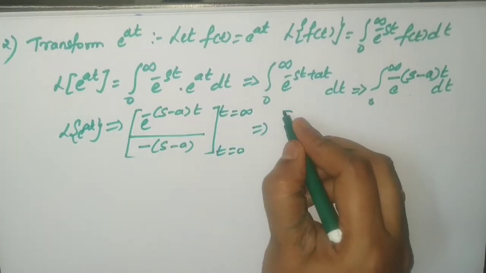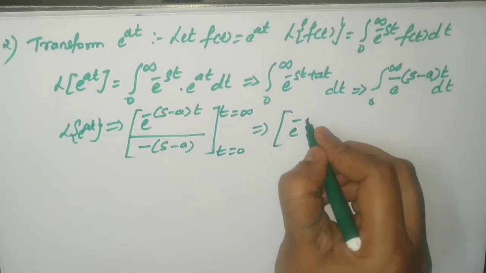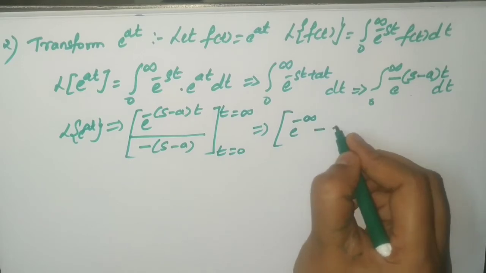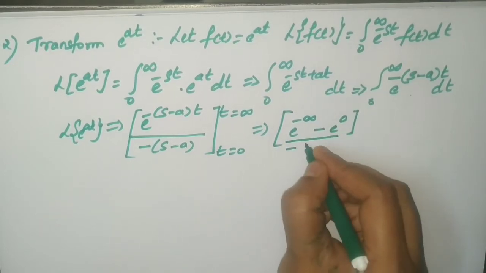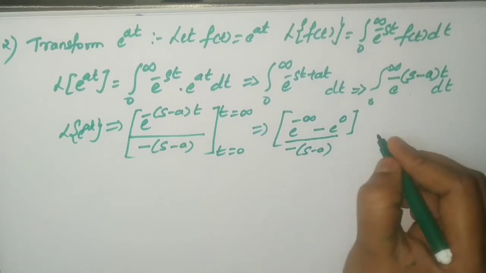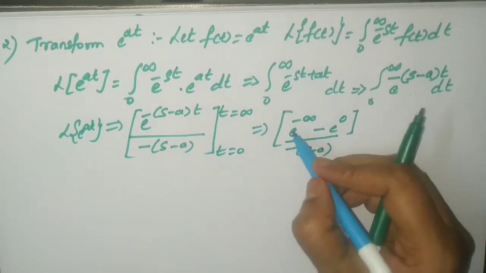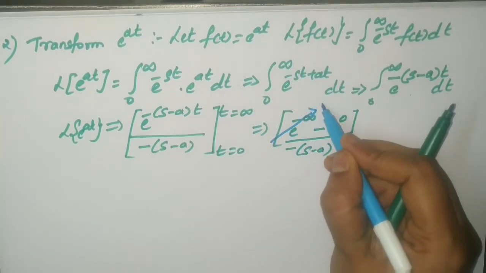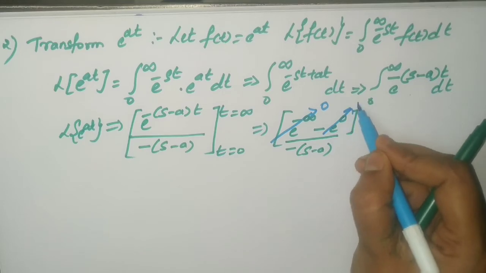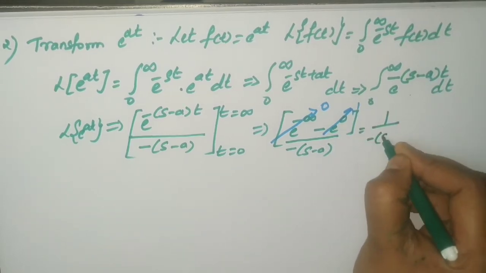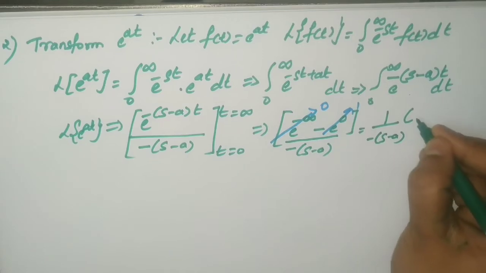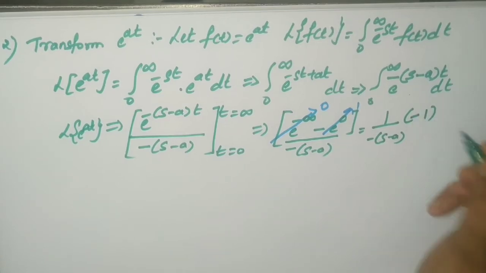When you apply, the upper limit becomes e power minus infinity. The lower limit becomes e power 0, and it is whole divided by minus of s minus a. As we know, e power minus infinity is 0 and e power 0 is 1. So we get 1 by minus of s minus a into 0 minus 1, which is minus 1.